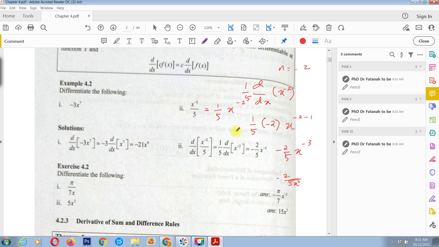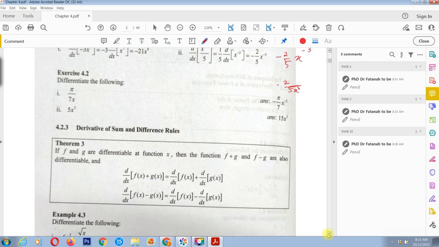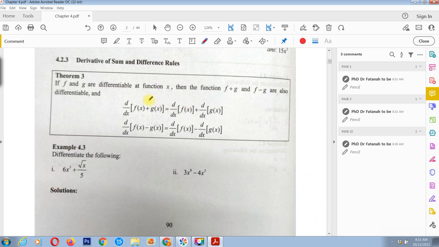Alright, so next we have the differentiation of sum and difference rules. So if we add here, we can separate the function.